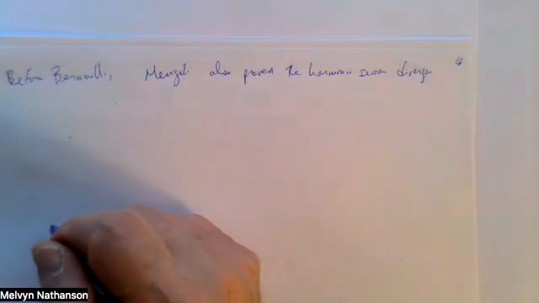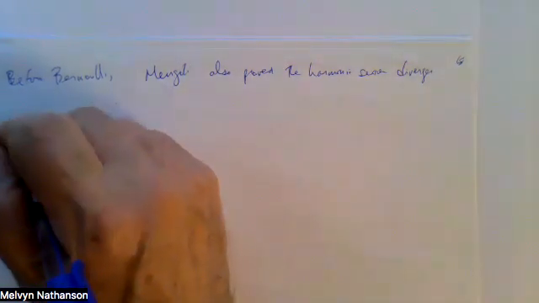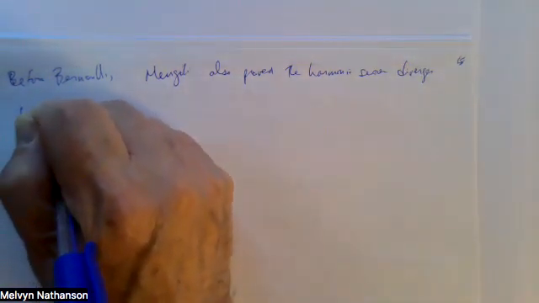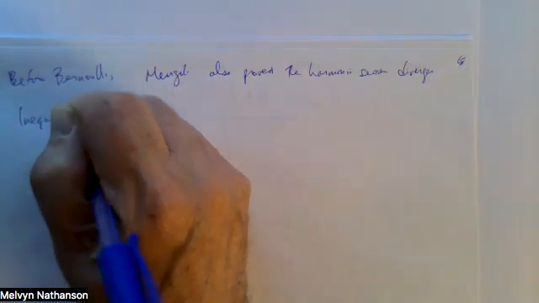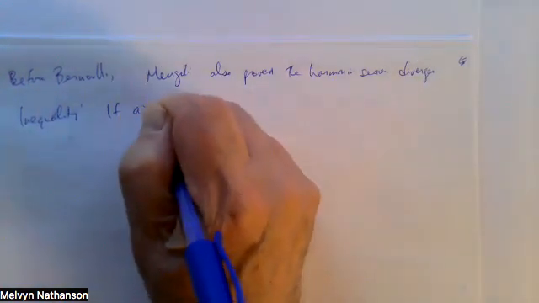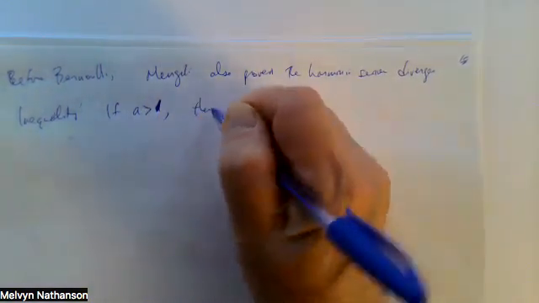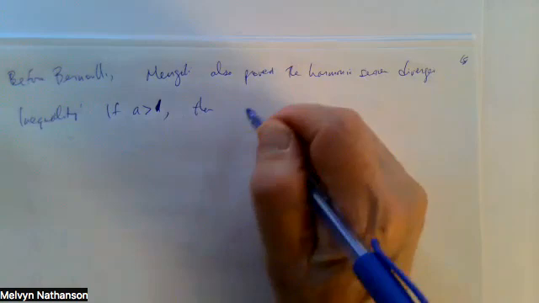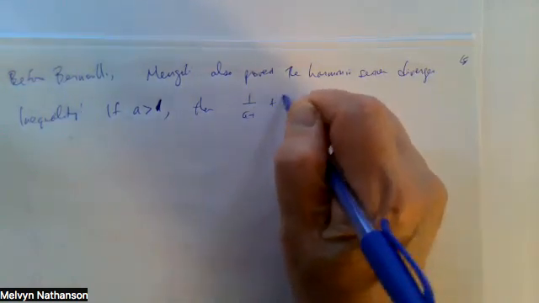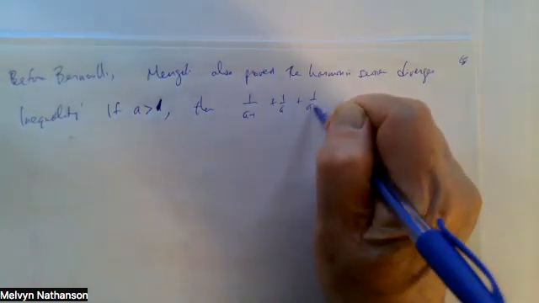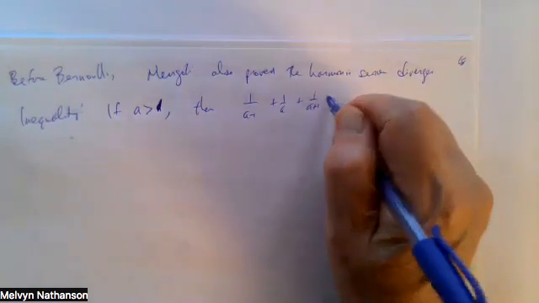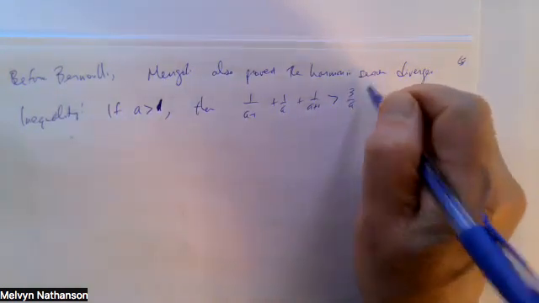And he did it by using the following inequality. The inequality is: if a is bigger than 1, then 1 over a minus 1 plus 1 over a plus 1 over a plus 1 is bigger than 3 over a.